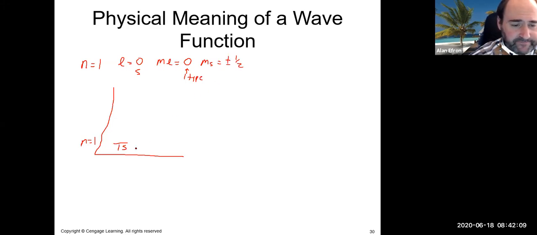What that means is in this orbital, we could put an electron that's going up and an electron that is going down. The one going up is the plus 1/2, and the one going down is minus 1/2. That takes care of the first energy level.